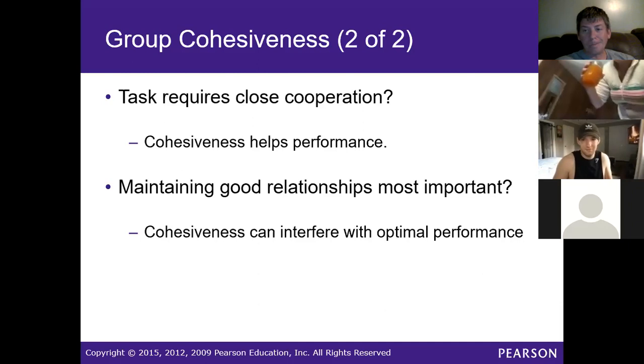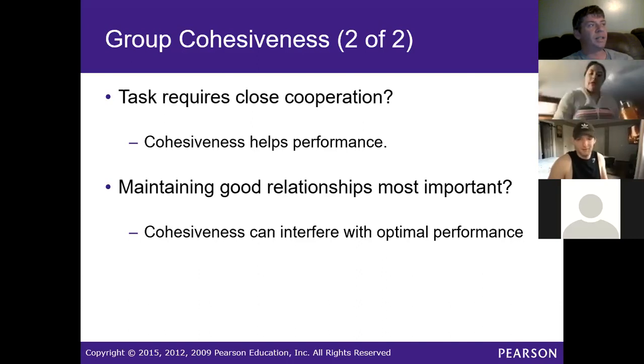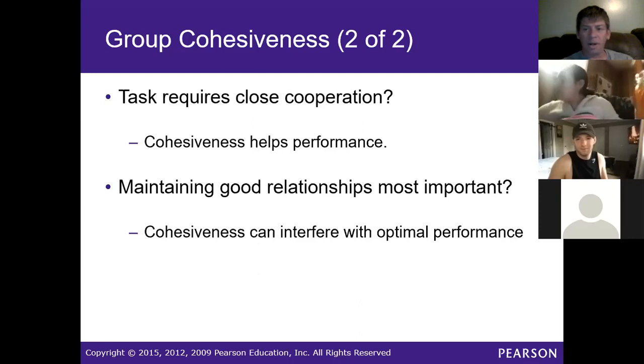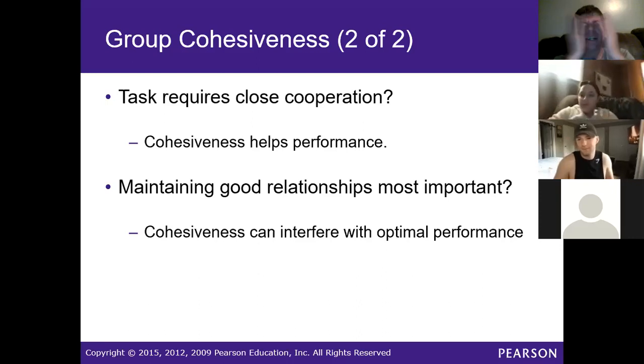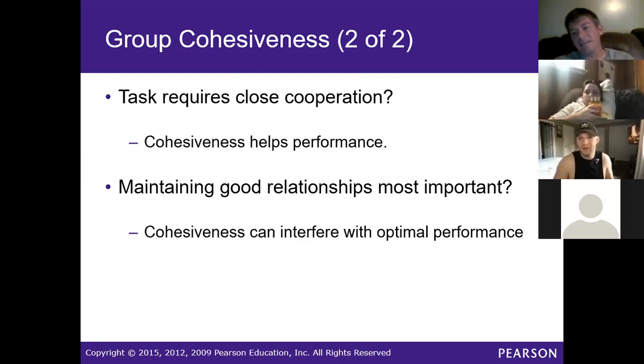Groupthink isn't the thing when you're in a mob and you're doing terrible things and you blame it on the group. We'd call that mob mentality, or de-individualization or de-individuation, where you can't be identified in a group.